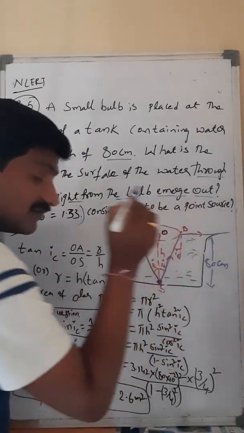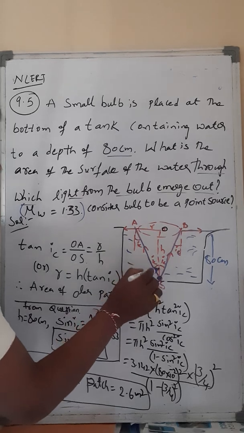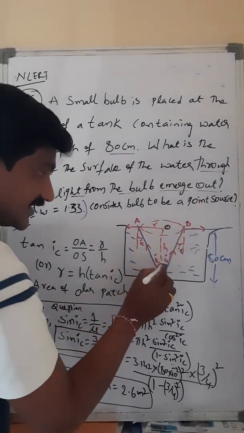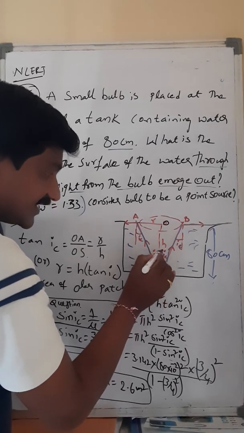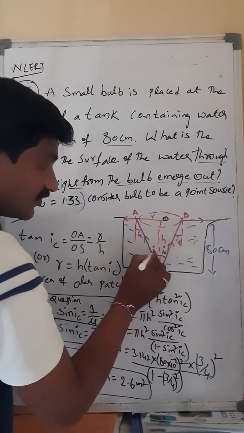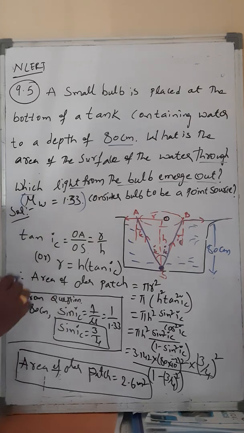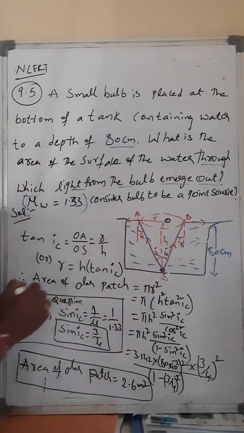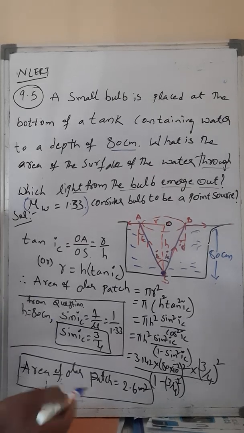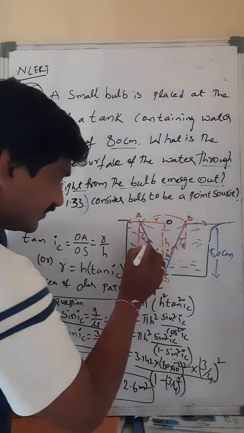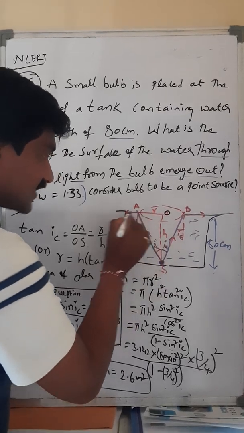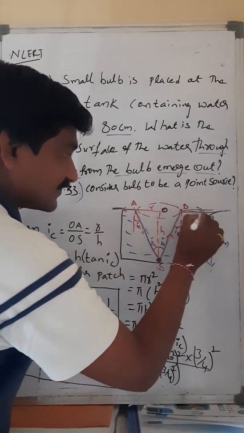Below the critical angle it can emerge out, but since it is incident at the critical angle IC, it is not emerging out beyond that. If it emerges out, it could be within this circular area only. Since it is emerging with the critical angle, it comes on the surface like this.